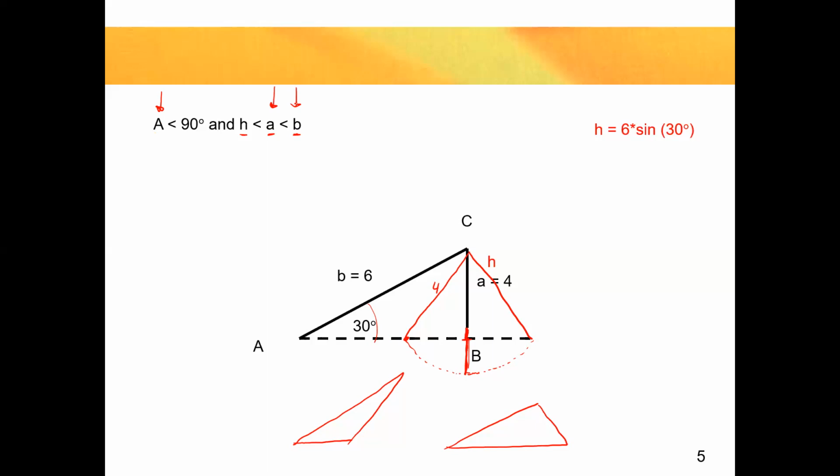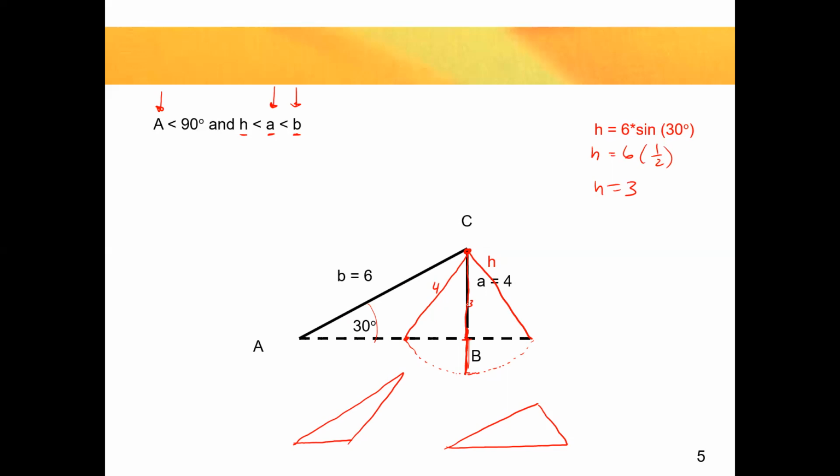Amaya, go ahead. Why is H less than A? Because it looks like the same thing. Because when we compute H over here, we get ourselves H being 3 for this particular triangle. So in order to get from angle C straight down to the other side, I just need 3.